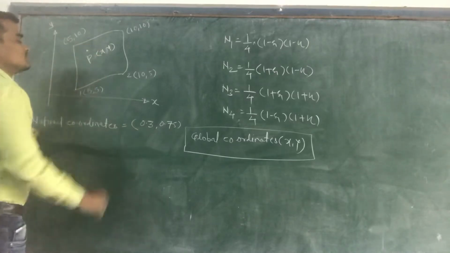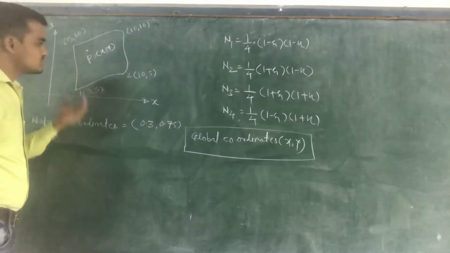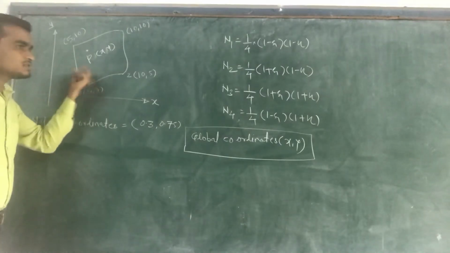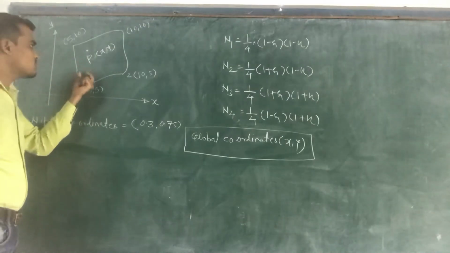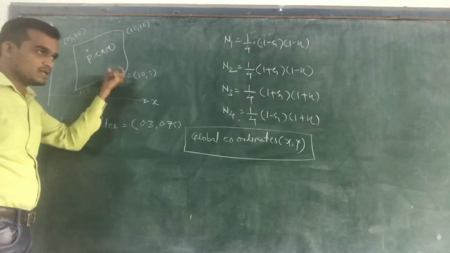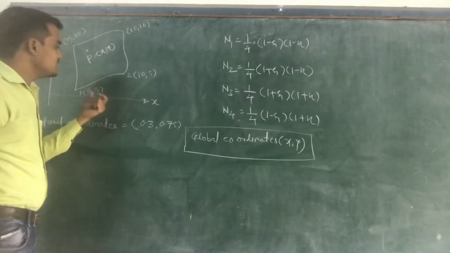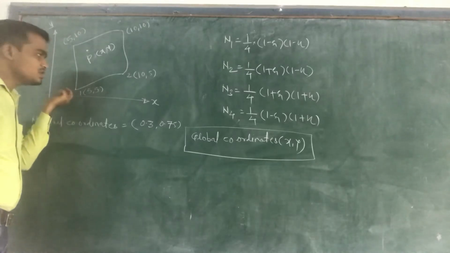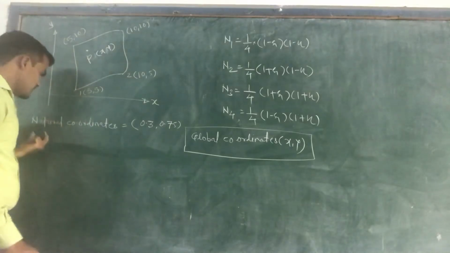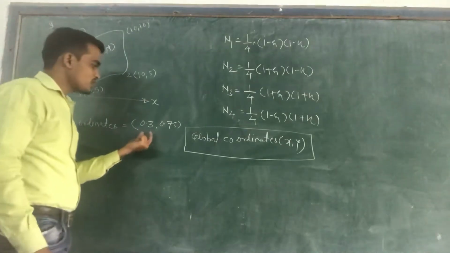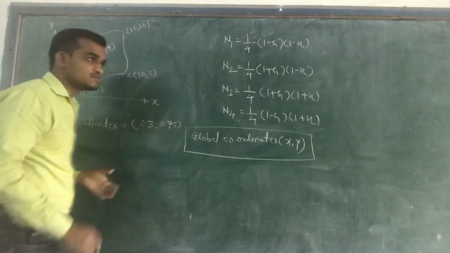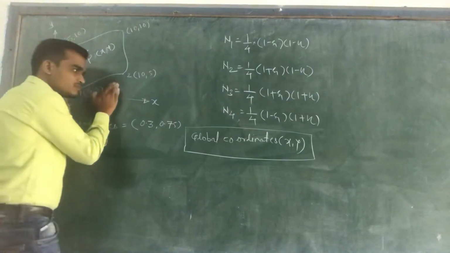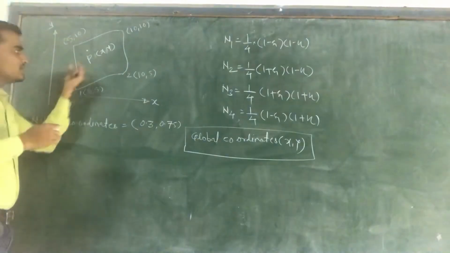For example, the problem statement will be: find out the global or Cartesian coordinates for point P x comma y. The values of x and y for each node will be given. Also, the natural coordinate values are given as 0.3 and 0.71. This is for your rectangular system.